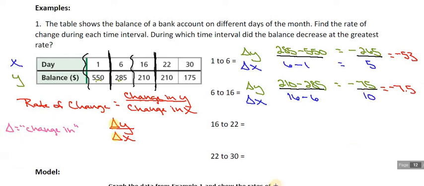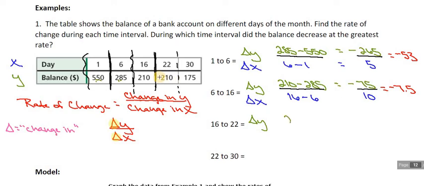Next, I'm going to deal with the time interval from 16 to 22. My change in y's, the balance, I went from 210 to 210.